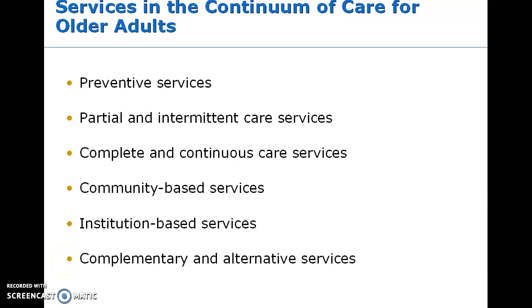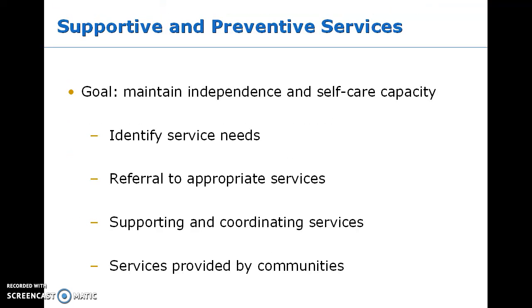I also would like for you to focus on page 127. Look down towards the blue squares at the bottom of the page. Very helpful information. Supportive and preventive services. Look at the goal. The goal is to maintain independence and self-care capacity. That's the goal that we want for all of our older adults or our older residents.